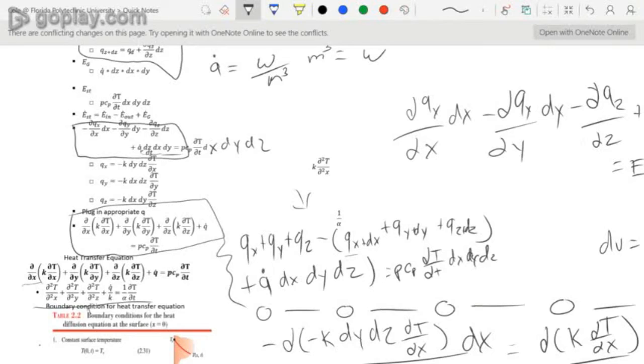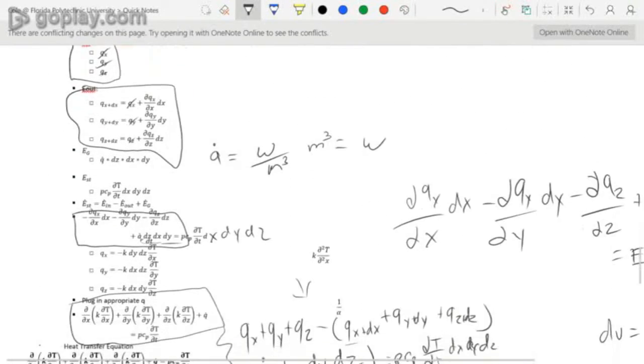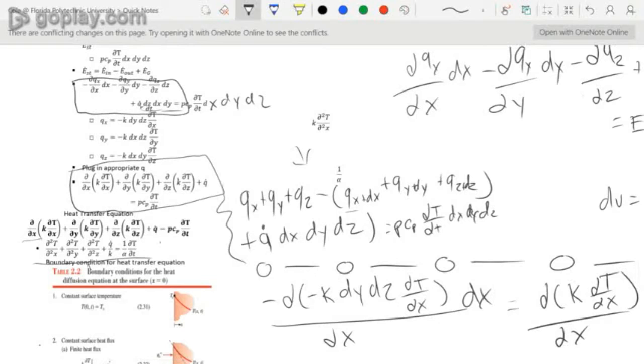Remember the thermal diffusivity, which is written up here, is k over the volumetric heat capacity. So alpha equals k over the specific heat times the density. So that's where that k comes in. You're like, oh, where's the k? Well, it's in this diffusivity term.